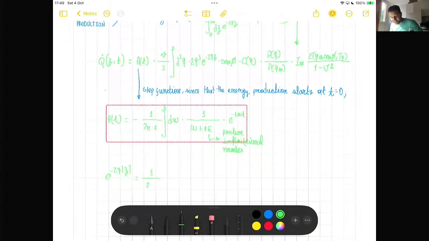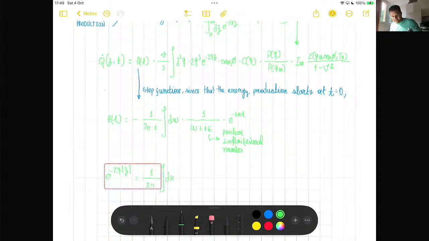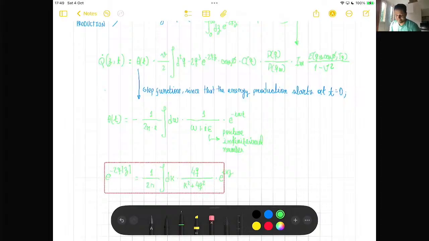1 divided by 2π times the integral dk of 4q divided by k² plus 4q², times the exponential of i q z.